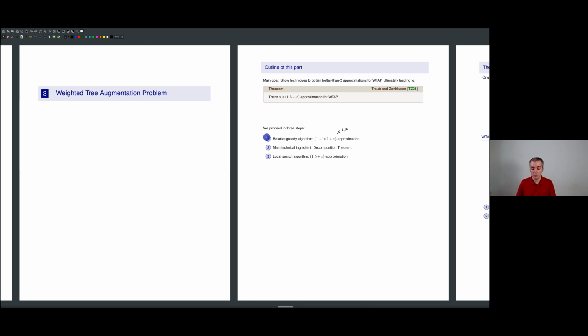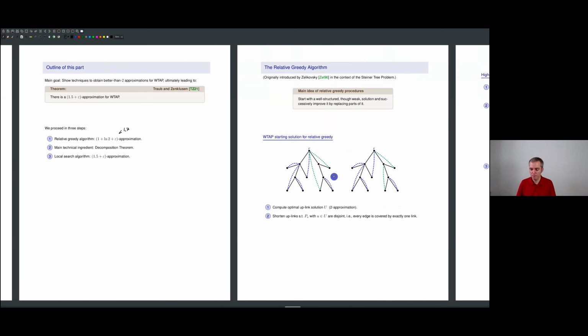People already use relative greedy, a technique that actually started with the Steiner tree problem, and there too one can obtain the best known factor in that context. So it's maybe an idea that is more general than just TAP. It's one more reason why I would like to go through those three steps. Good. Let's start with the relative greedy procedure.